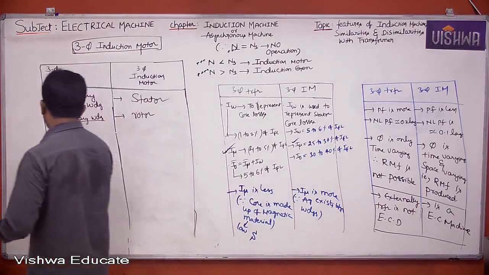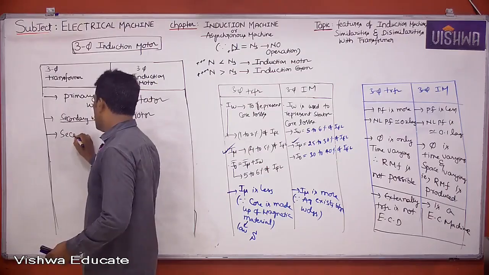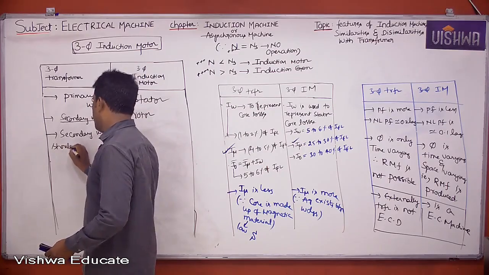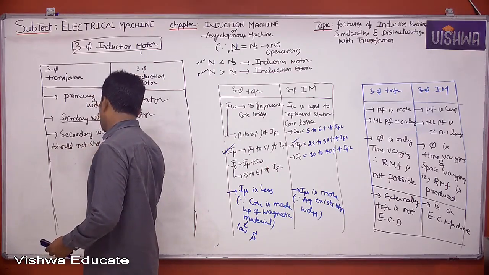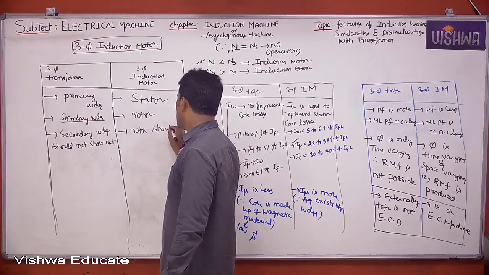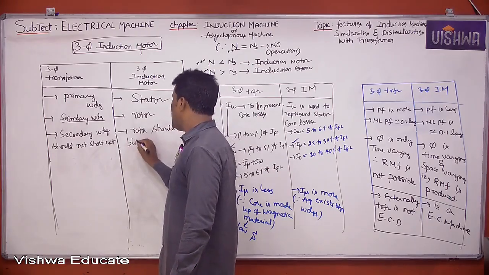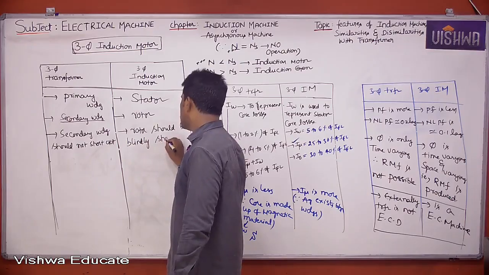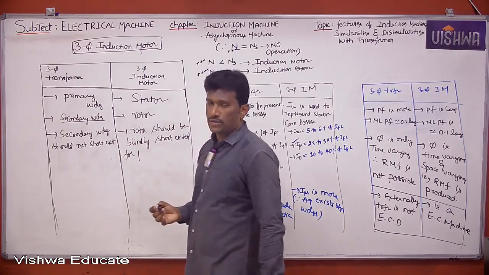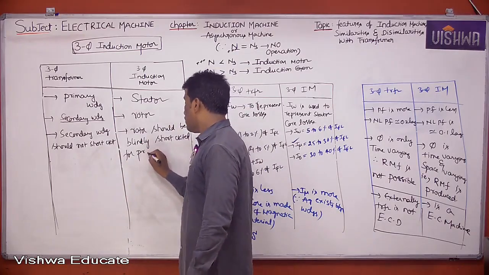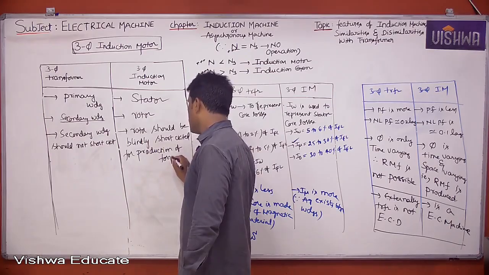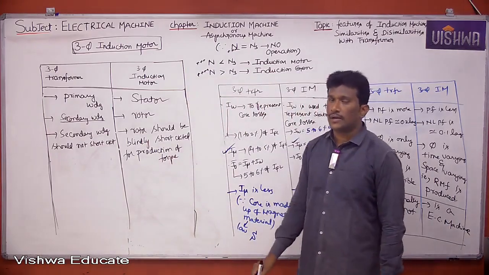Let me write here: in case of a transformer, the secondary winding should not be short circuited. Here the rotor should be blindly short circuited. Why? Then only torque can be produced, for production of torque.